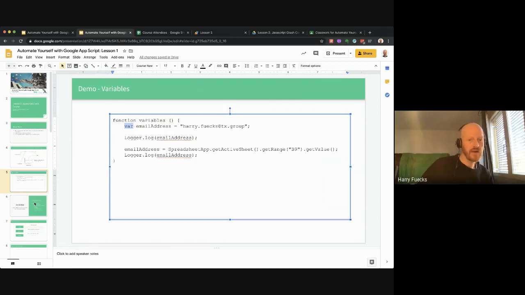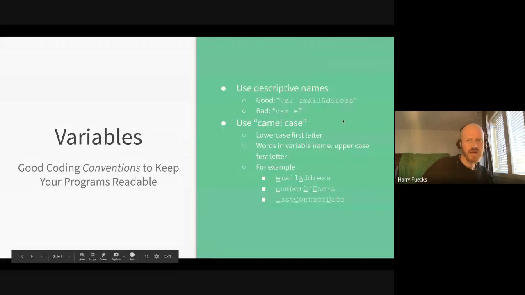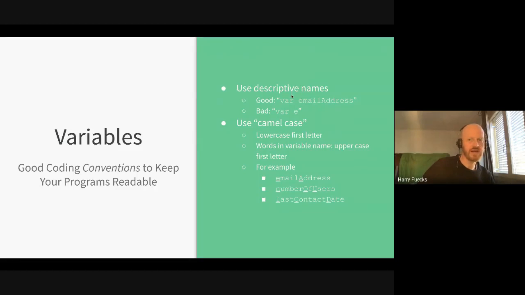All right, so just a couple of points here on variables. By the way, if ever the text on the screen is too small, just say so, and I'll increase the size. One thing is when you're declaring variables, use descriptive names. Calling it email address makes it readable. Calling it E is not going to be readable for very long.